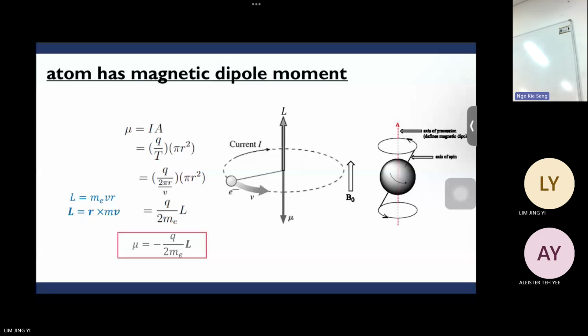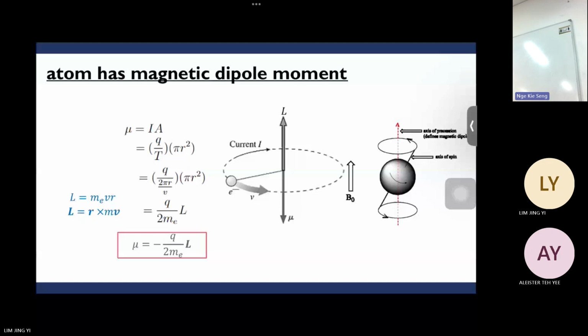In fact, the classical orbital angular momentum is the cross product of the radius and the velocity. So for mu, if you use the cross product, I cross A, you find that the magnetic dipole moment is pointing downwards.